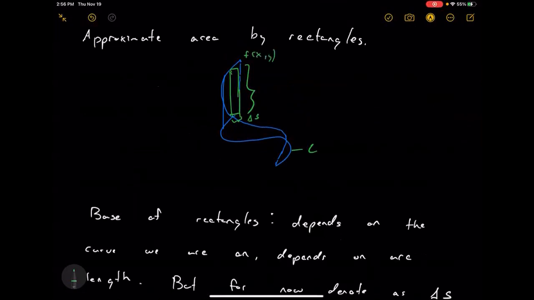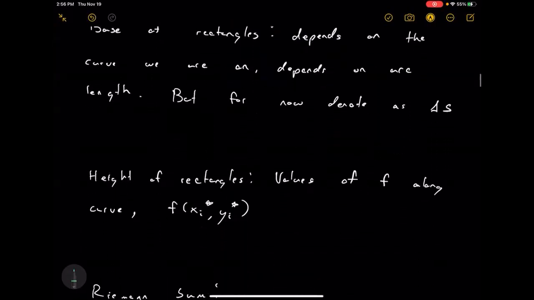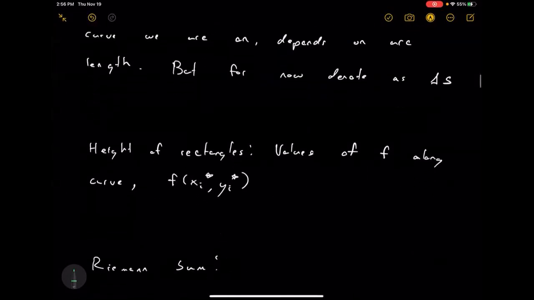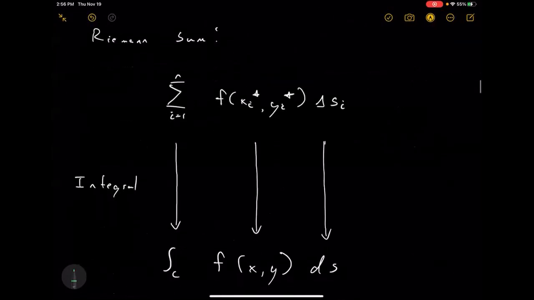Basically I take a point in this domain and plug it into my function and it gives me a height up here. So the heights of these rectangles are still my function values along that curve. Okay. So what would my Riemann sum look like? Well, it'd be a sum where I'd be adding up the base of my rectangles multiplied by the height of my rectangles.